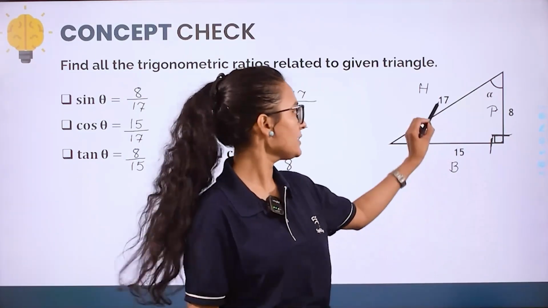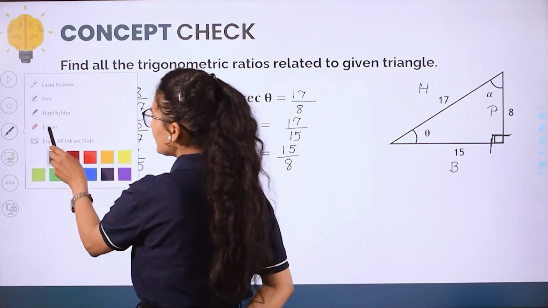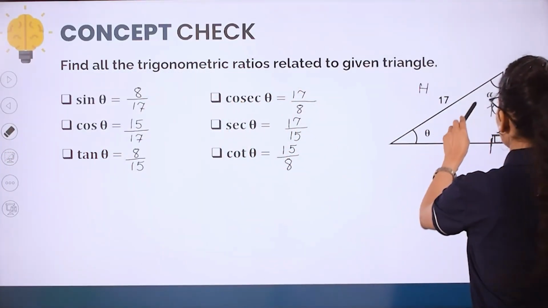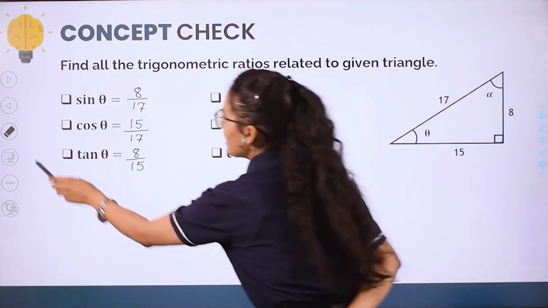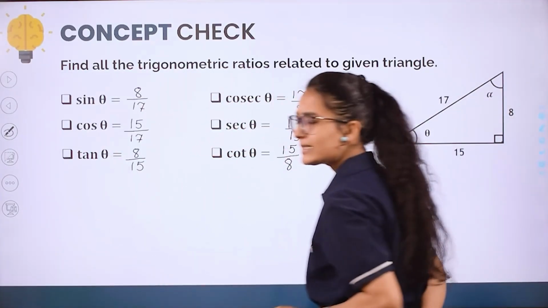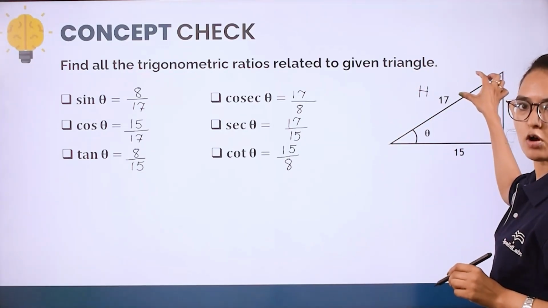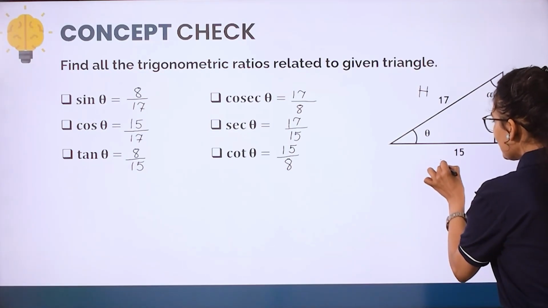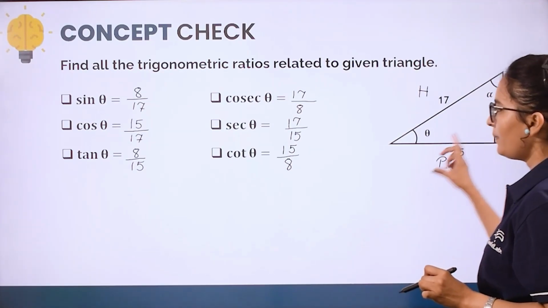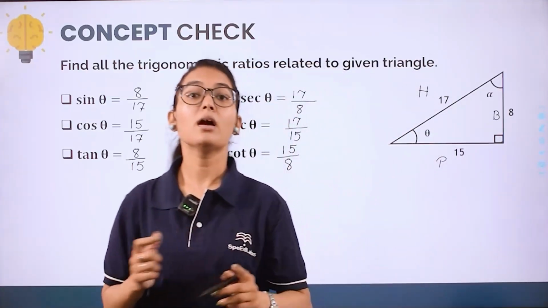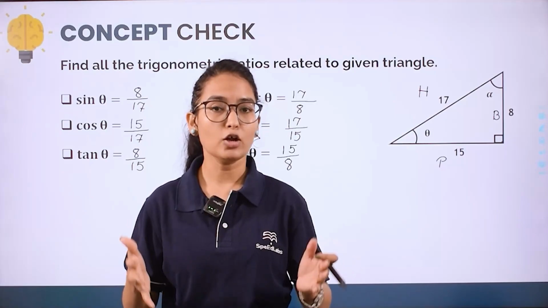So in case of alpha also, this is the hypotenuse side. Now according to alpha, what is opposite to alpha? This side. So now this becomes my perpendicular and the remaining side becomes base. So the base and perpendicular sides are getting exchanged. That is the only difference if you change the angle of reference.